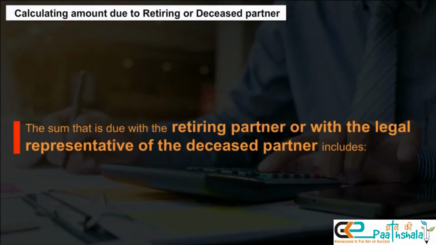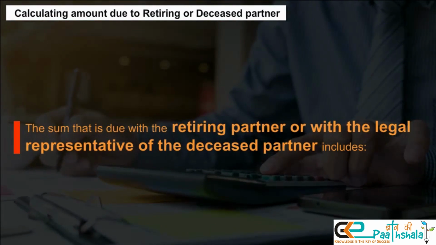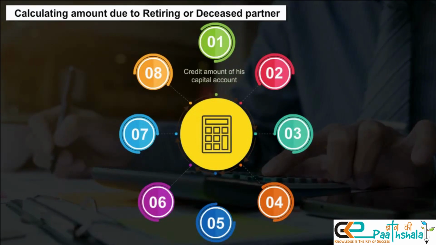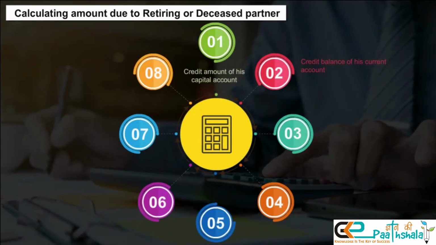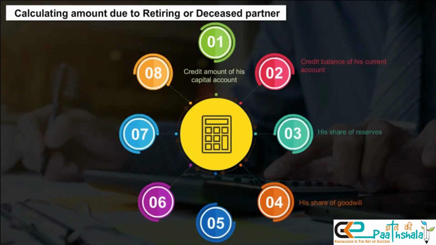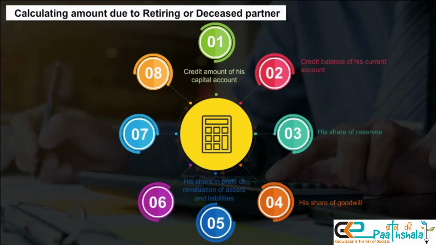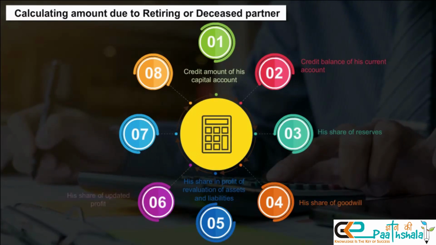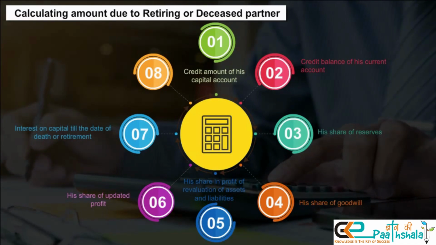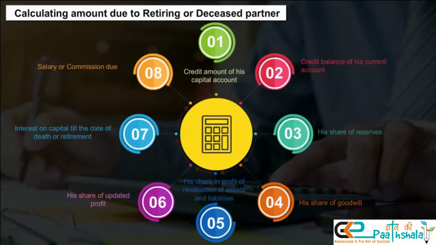The sum that is due to the retiring partner or to the legal representative of the deceased partner includes the credit amount of his capital account, credit balance of his current account, his share of reserves, his share of goodwill, his share in profit on revaluation of assets and liabilities, his share of accumulated profit, interest on capital till the date of death or retirement, and salary or commission due.